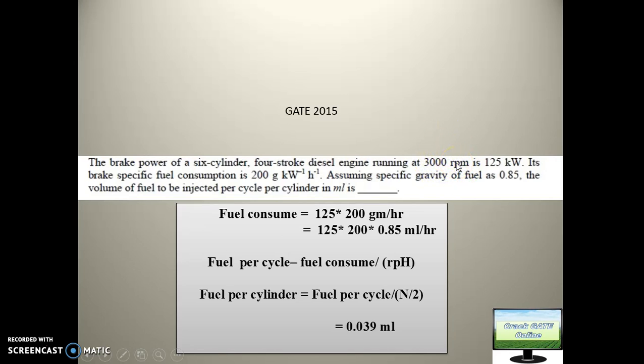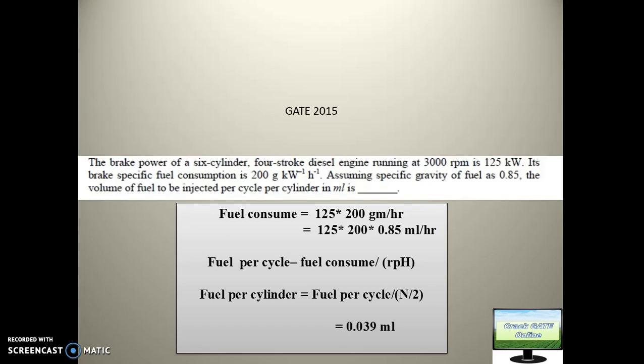So in 1 hour how much will it take? 3000 into 60 revolutions per hour. In that many revolutions, this much fuel will be consumed. So fuel consumed upon revolutions per hour will give how much fuel is being injected per cycle. Okay, so how much will be the value?